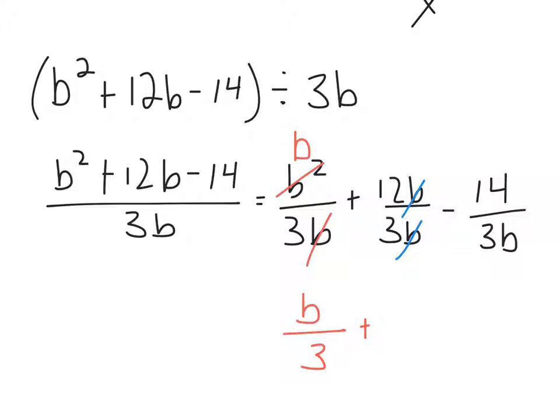The 3 and the 12 reduce down to 4, just a 4, leaving me with plus 4. And then we'll subtract, and can anything happen at the end? No, absolutely nothing happens at the end. And so I'm left with 14 over 3b.